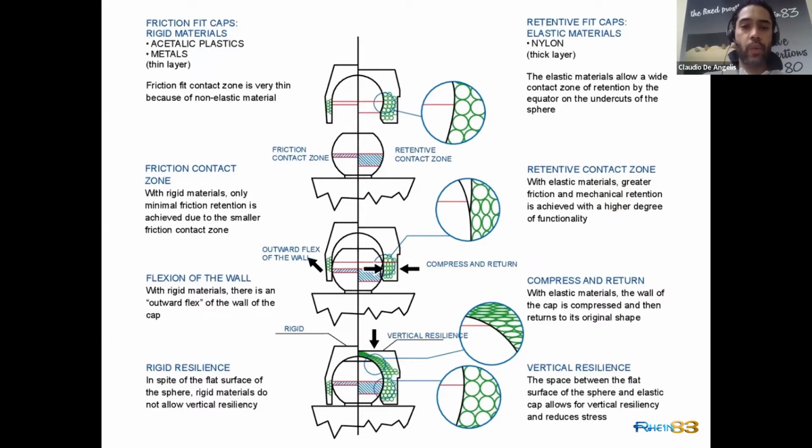And over this sphere, we have a retentive cap which goes in the undercuts of the sphere and provides retention. This female cap is made of elastic, biocompatible materials.